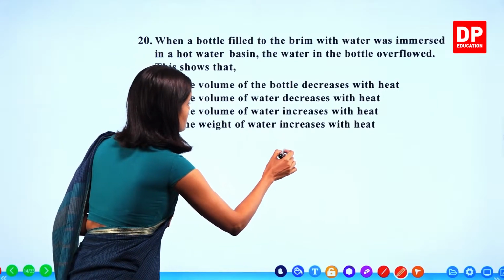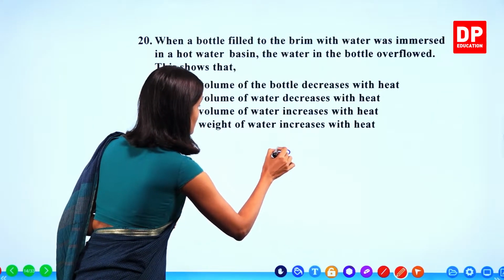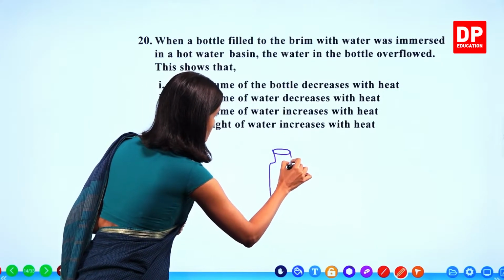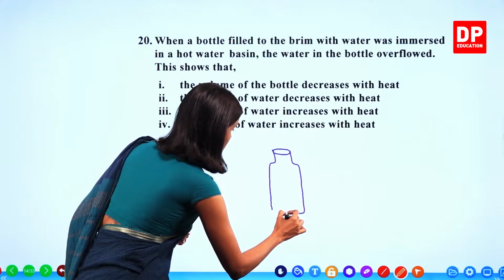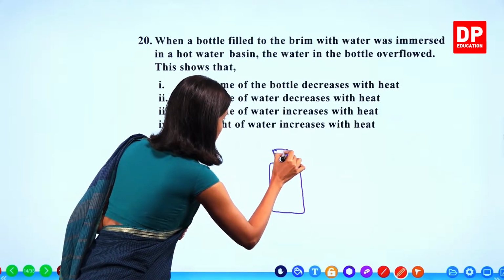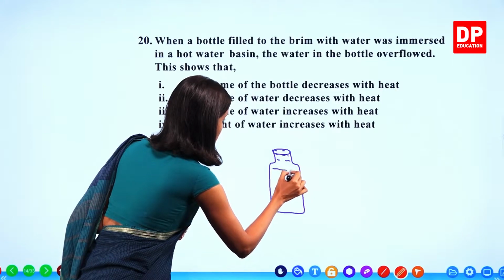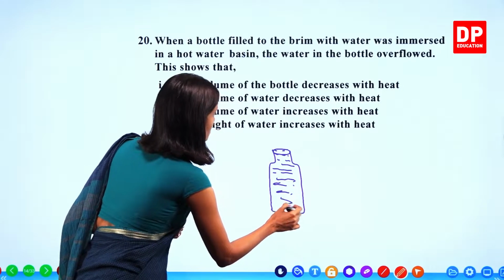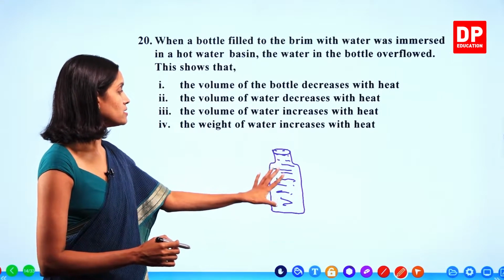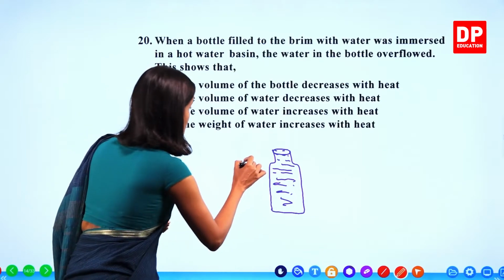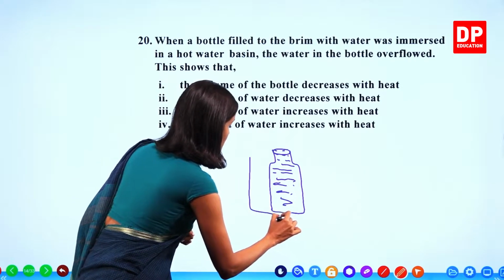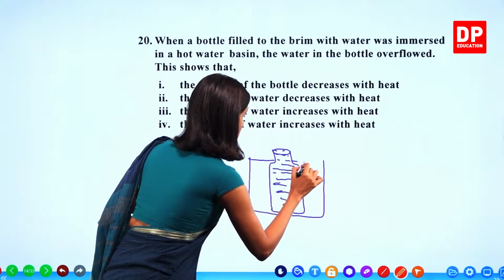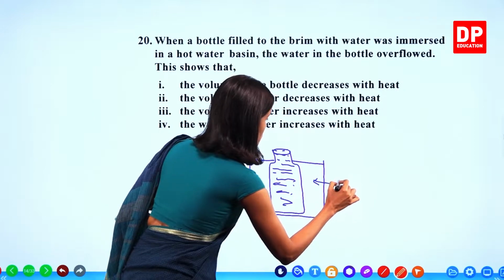Let's consider this is the bottle and this is the mouth, and it has water filled up to the brim. So we have to immerse this water bottle in a hot water beaker. So this is hot water.